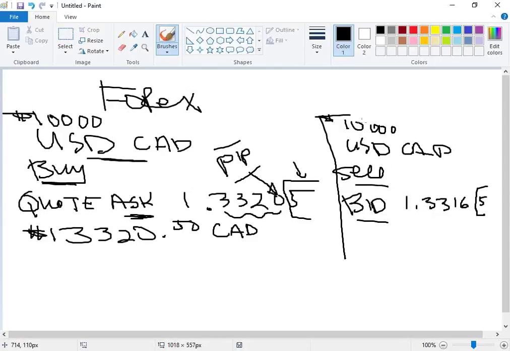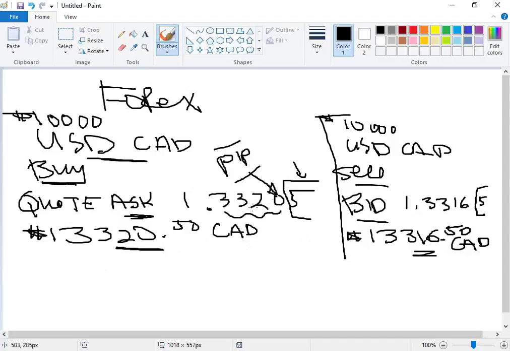So, no problem. You want to sell your $10,000 back to us? We're prepared to give you $13,316.50. Now, obviously, in the bank, that's not exactly the case, because in the bank, they're going to charge you a lot more than that. But for the purpose of trading Forex, you can see the difference between the buying price and the selling price.